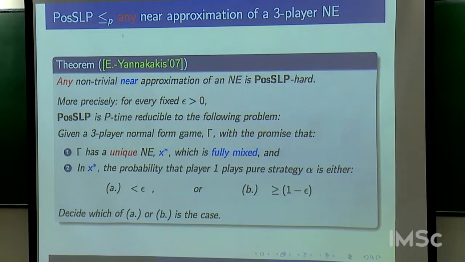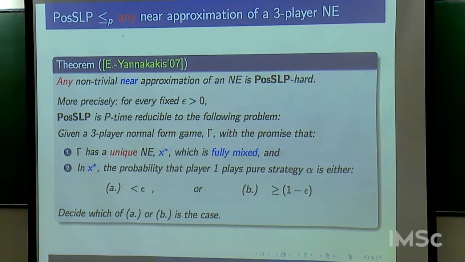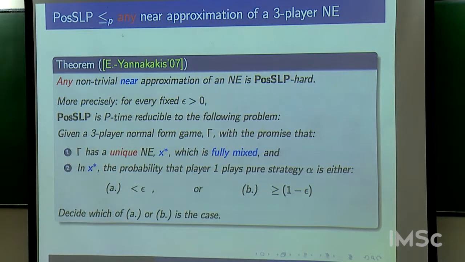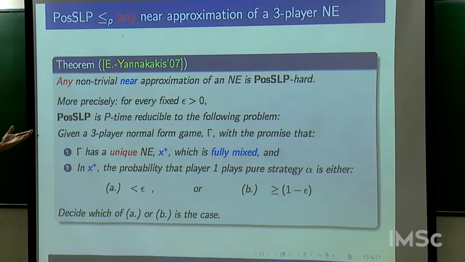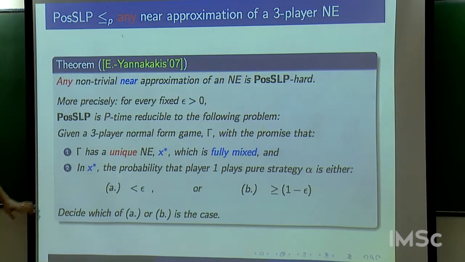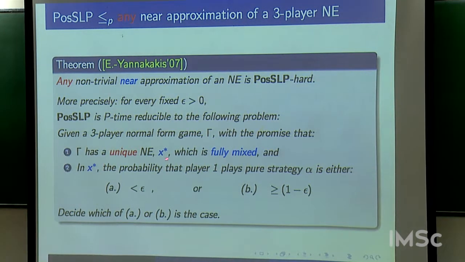What do we mean by this? More precisely, for every fixed epsilon greater than 0, PosSLP is polynomial-time reducible to the following problem. I give you a 3-player normal form game with the promise that it has a unique Nash equilibrium. The unique Nash equilibrium is fully mixed, by which I mean that every pure strategy of every player is played with positive probability.